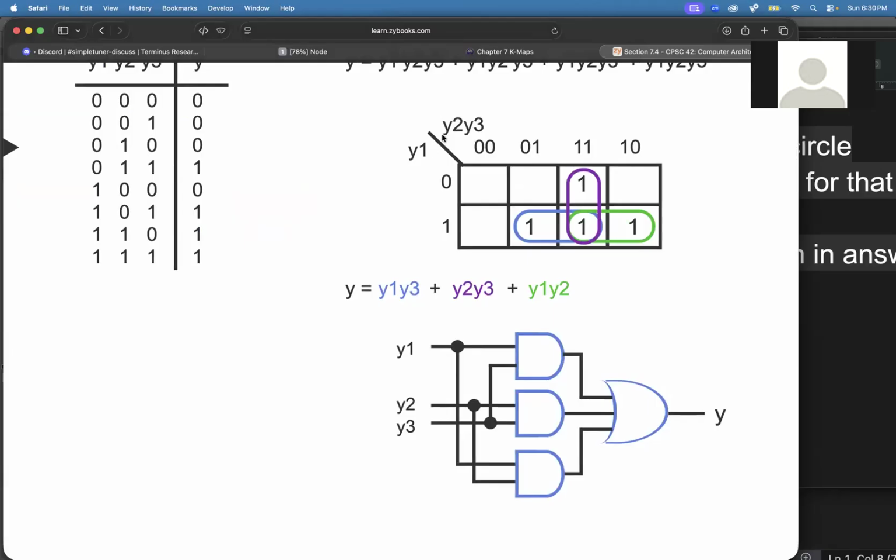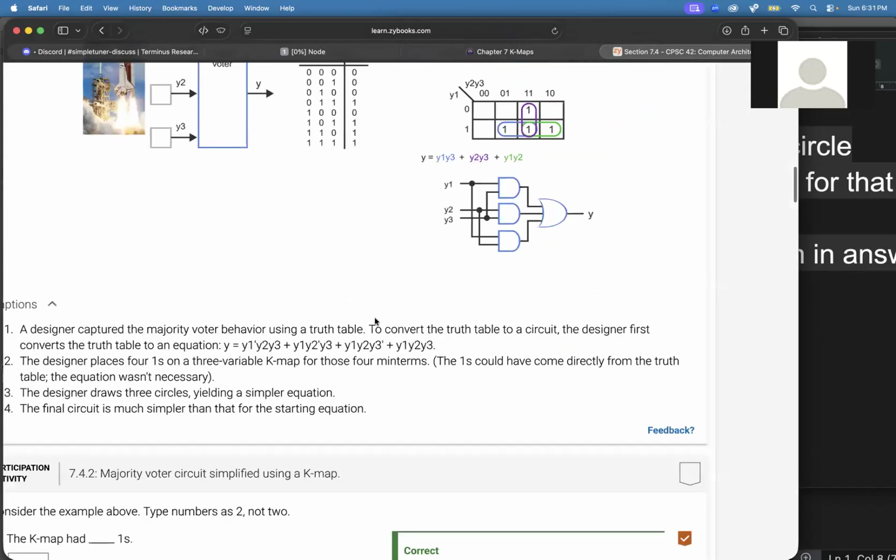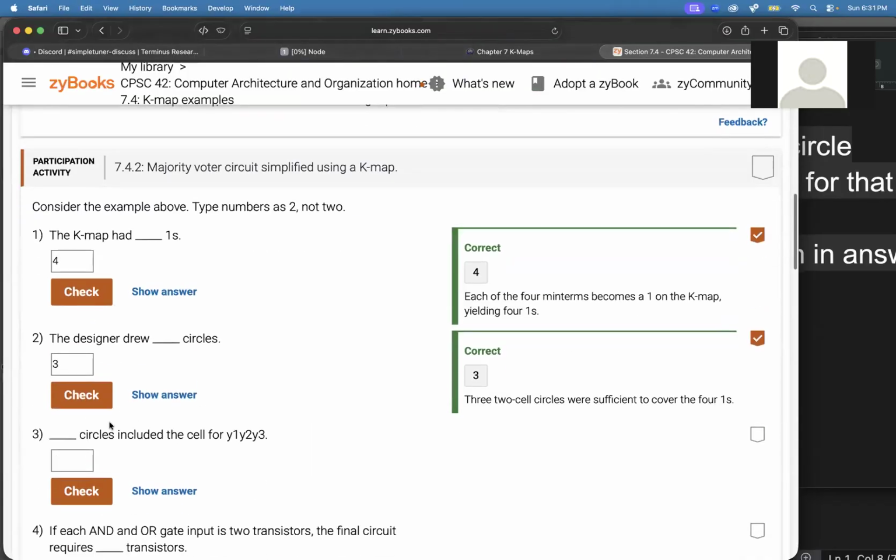Okay, so Y1, Y2, Y3, that's like 1, 1, 1. So the 1, 1, 1 cell is right here. And if you look, this circle is included in all 3 circles, right? The blue circle includes it, the green circle includes it, and the purple circle includes it. So how many circles included that cell? 3 circles.